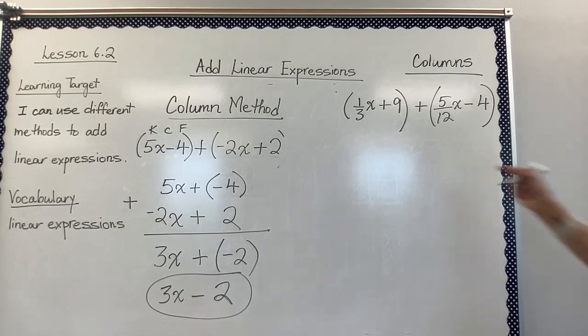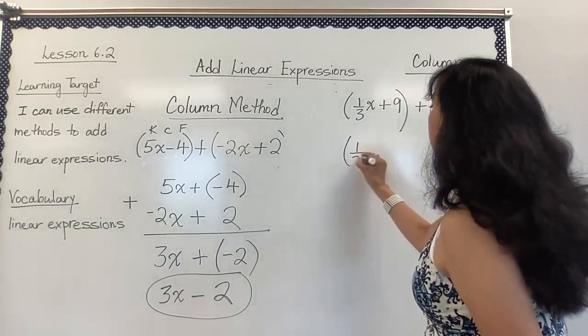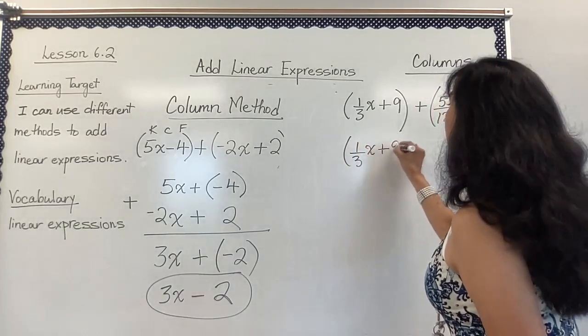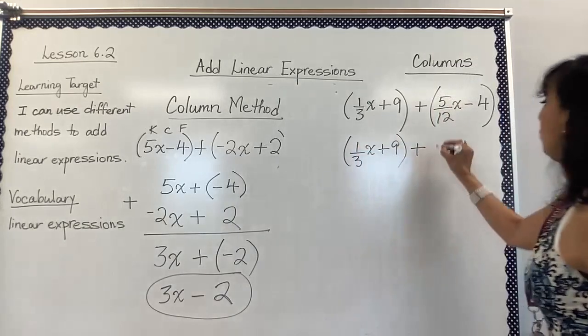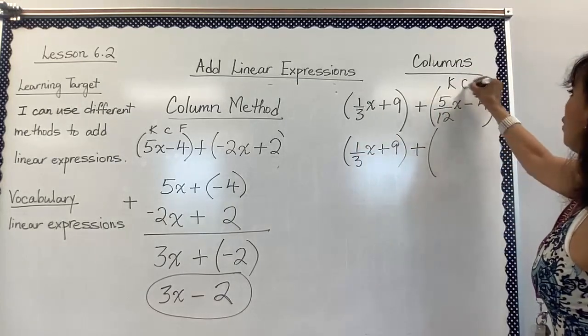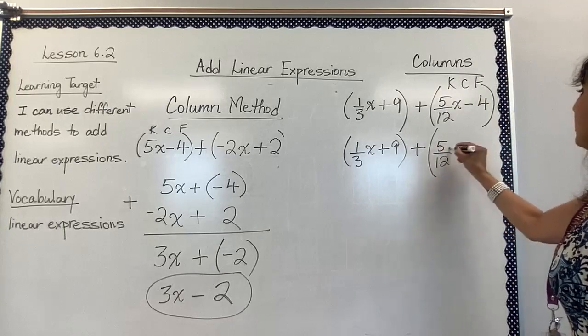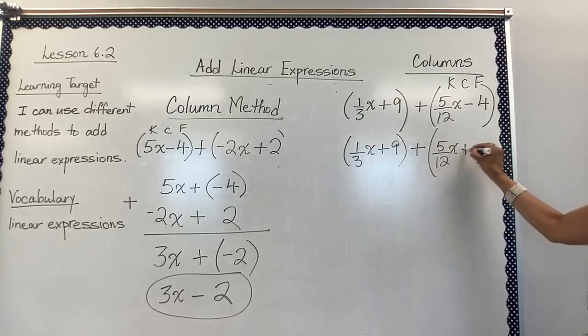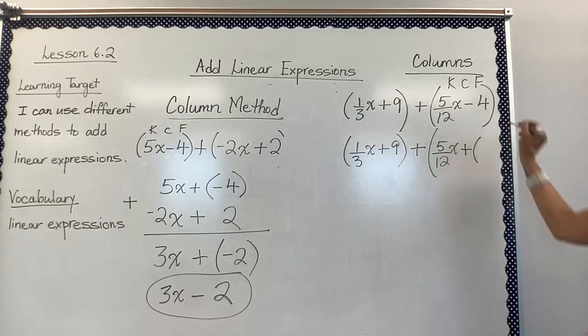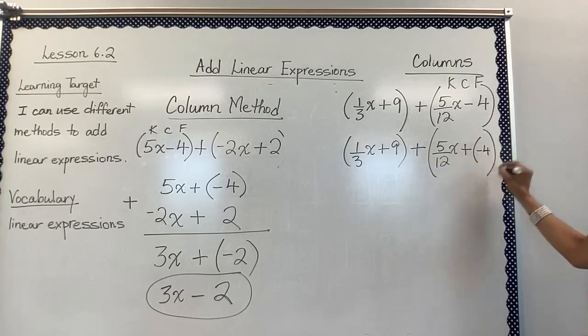In the first one, it's addition. So 1/3 x plus 9 plus, and we are going to rewrite, keep, change, flip: keep 5/12 x, change the minus to a plus, change the 4 to a negative 4. So here is my rewritten expression.